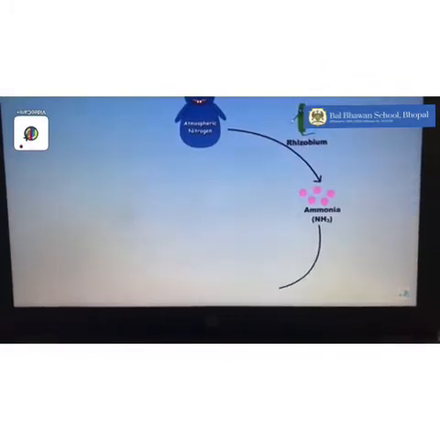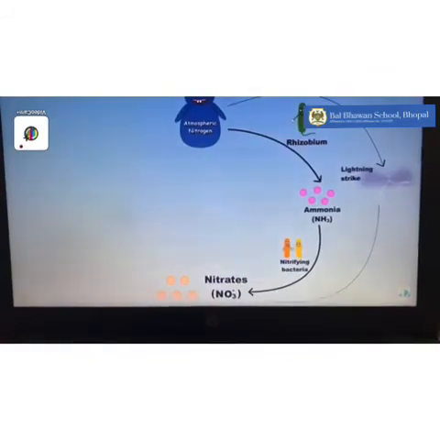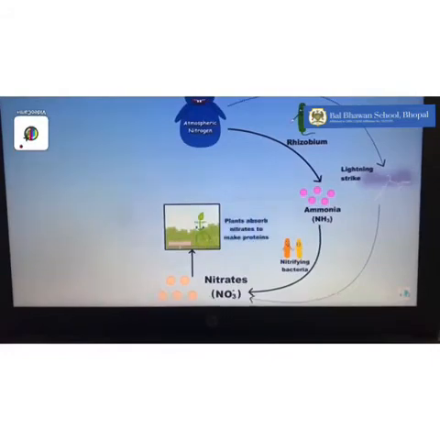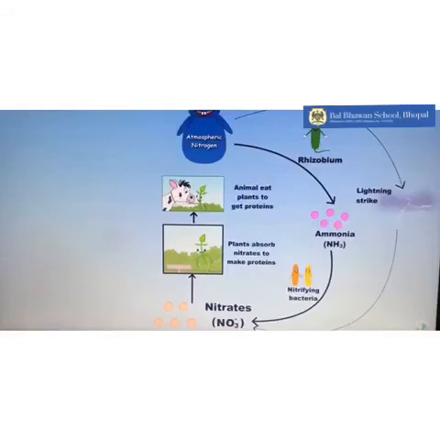The atmospheric nitrogen, with the help of Rhizobium bacteria, gets converted into ammonia, and ammonia gets converted into nitrates with the help of nitrifying bacteria. Lightning also fixes the atmospheric nitrogen, and these are absorbed by the plants to make proteins, and the plants are eaten by animals to get animal protein.